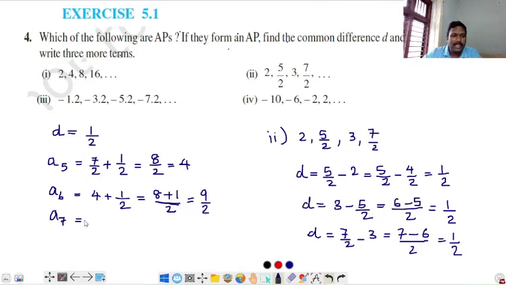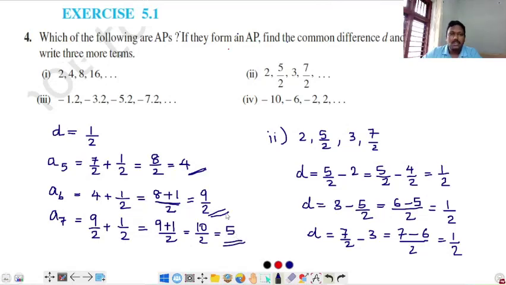Now we can find A7, that is 9 by 2 plus, again the common difference 1 by 2, then we will get 9 plus 1 divided by 2, that is equal to 10 divided by 2. What is 10 by 2? Is 5. So we have the next three terms: 4, 9 by 2, 5. These are the new terms.